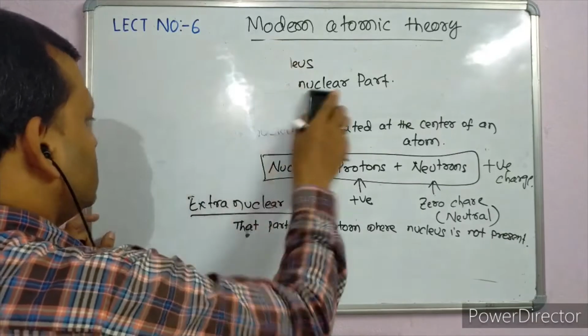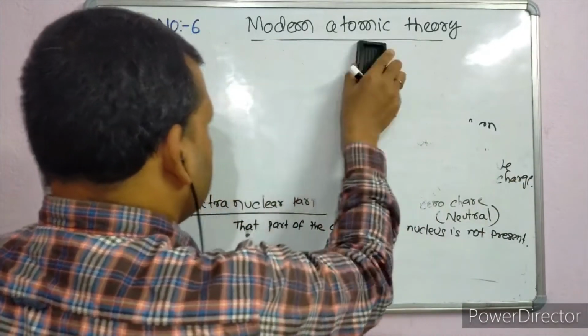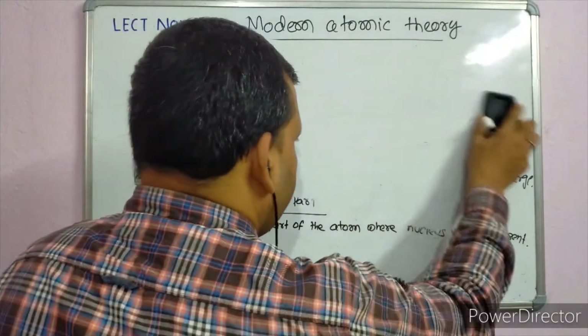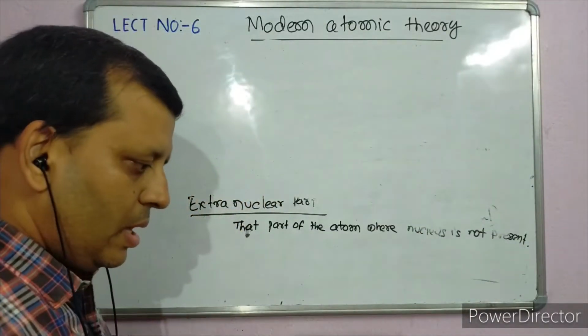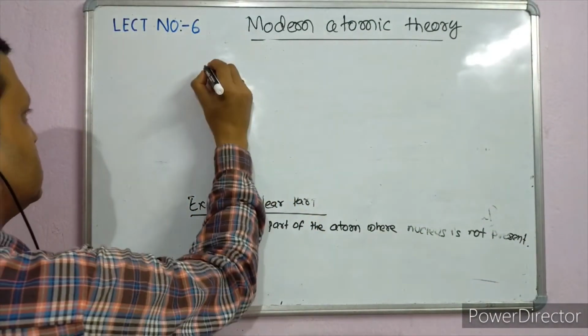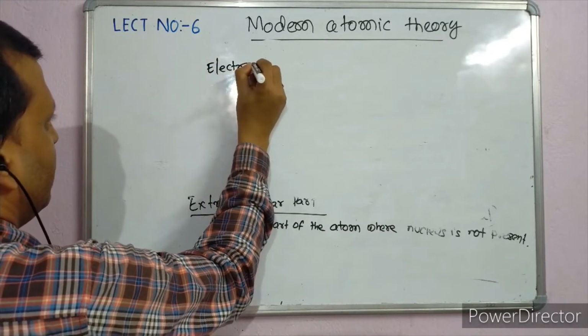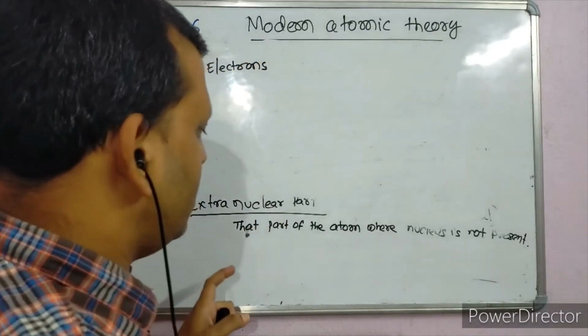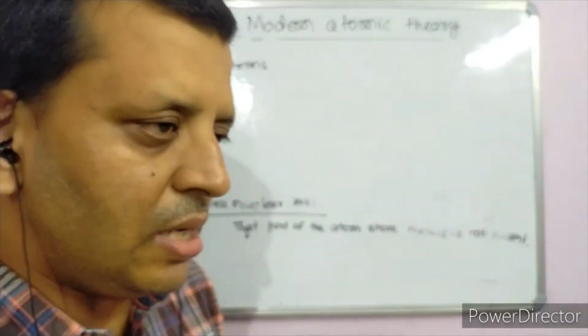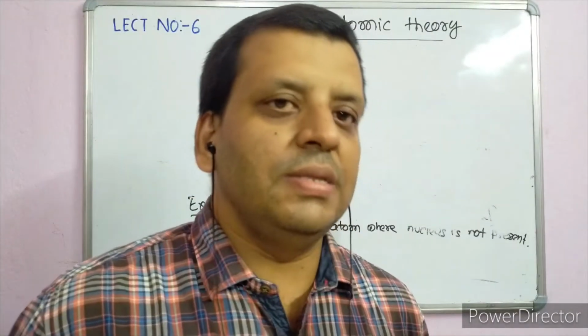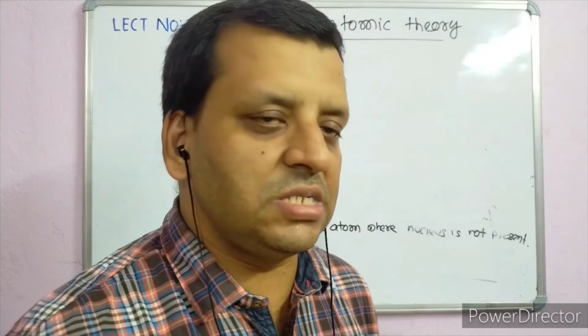The subatomic particles present in the extranuclear part are known as electrons. The electrons are the subatomic particles present in our extranuclear part, and yes, these electrons are negatively charged.